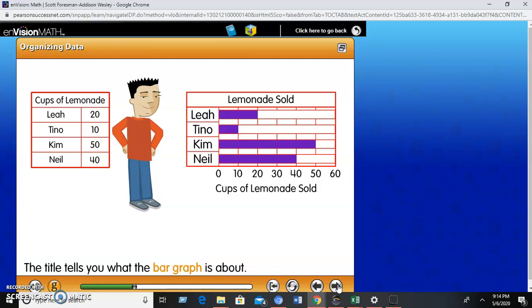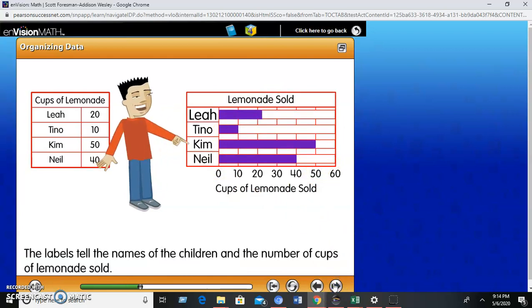The title tells you what the bar graph is about. So this is telling us what the bar graph is showing us. The labels tell the names of the children and how many cups of lemonade they sold.